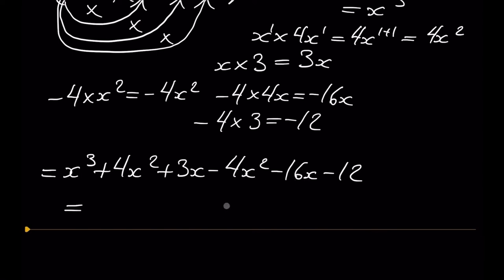The 4 and the minus 4 are multiplied by the same variable, which is x squared, but 4 plus minus 4 is 0, so the x squared terms all cancel out. Other terms which can simplify further are the x terms, because 3 and minus 16 are both multiplied by x. So the final answer will be x cubed minus 13x minus 12.